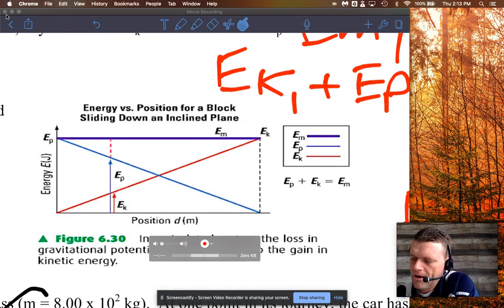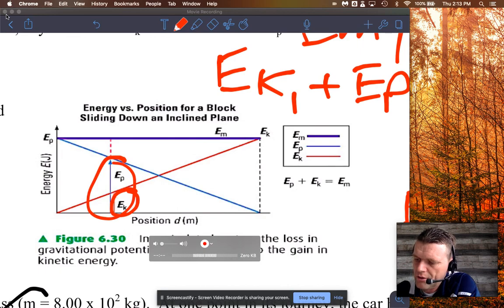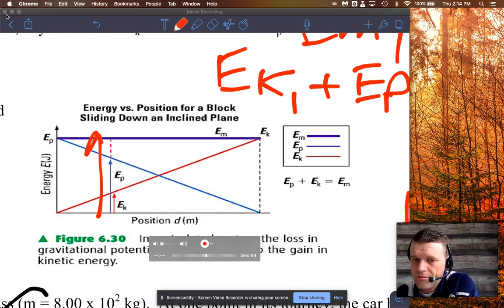At any position, this is showing the kinetic energy at this position plus the potential energy at the second position. Those two added together give you the mechanical energy, the total energy, which in this case is the dark blue or dark purple top horizontal bar there.